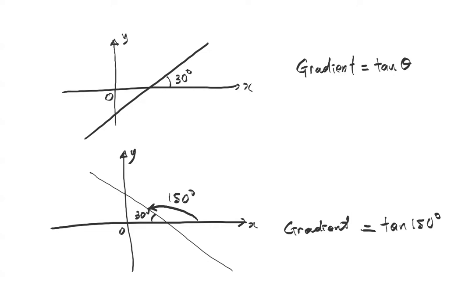So tangent 30, what is the value of tangent 30? Do you know? In 2 weeks' time, we are going to do all this. What is the exact value of tangent 30?